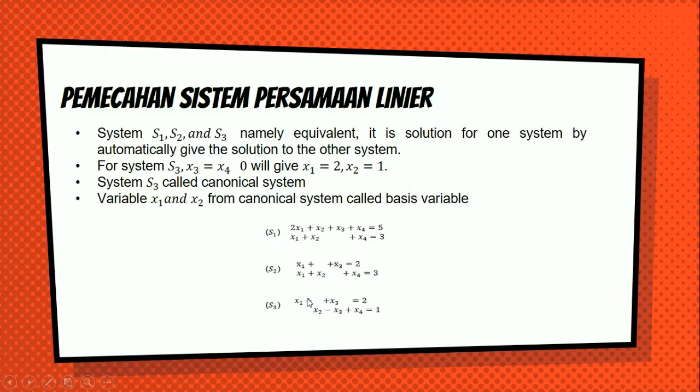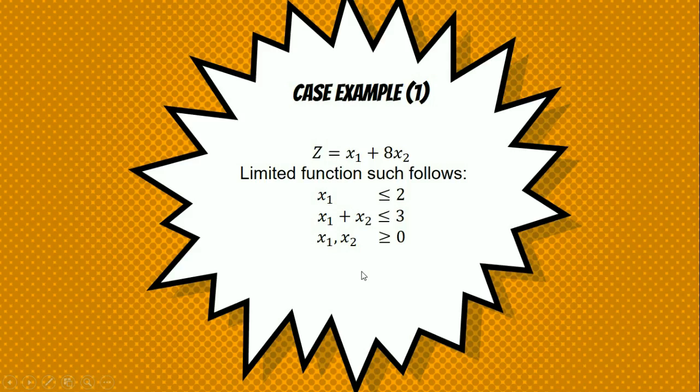I just call it friends. So x1 and x2 are not coupled with others, and x4 also. But yes, we just focus on x1 and x2. Okay, next slide. Now we try another example like this.